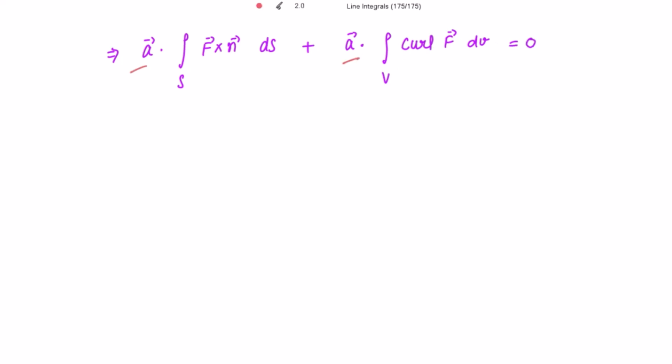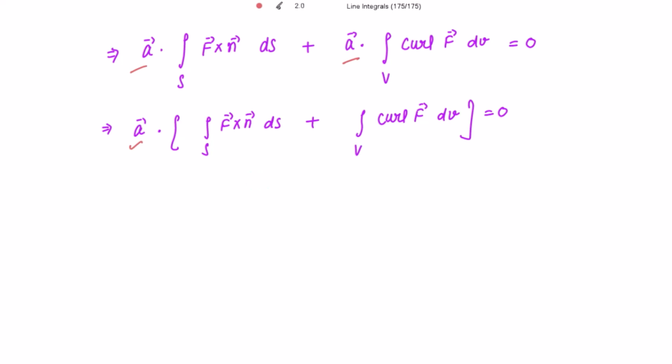Taking this A vector common, this implies A vector dot product with the surface integral plus this volume integral. And because A vector is a constant vector, we have taken A vector to be constant, and also A vector is an arbitrary vector.